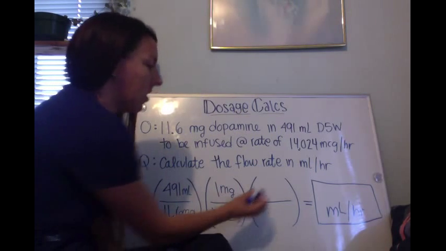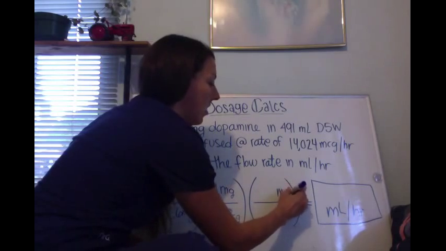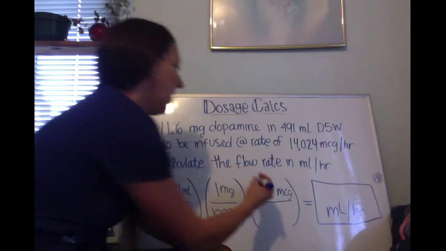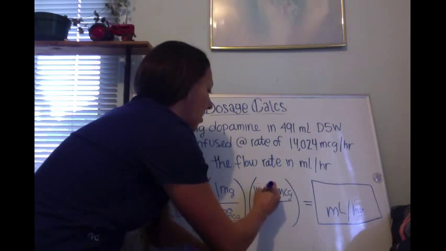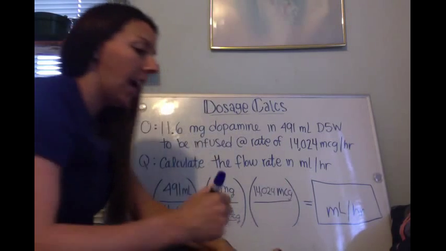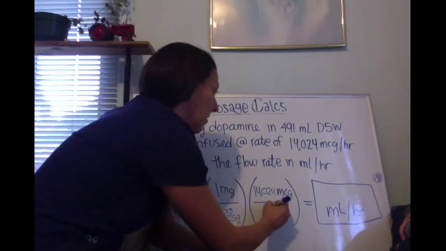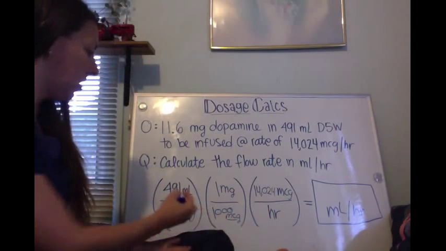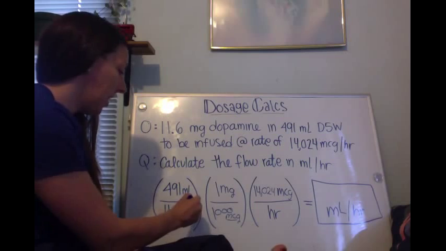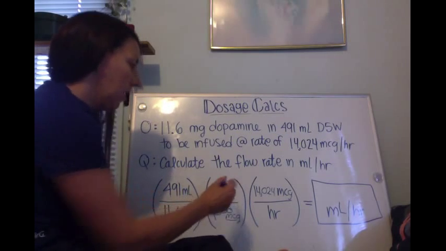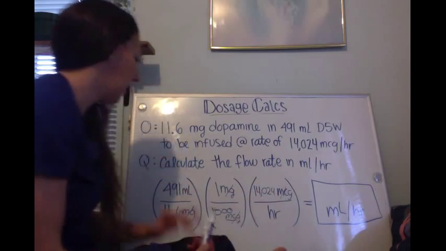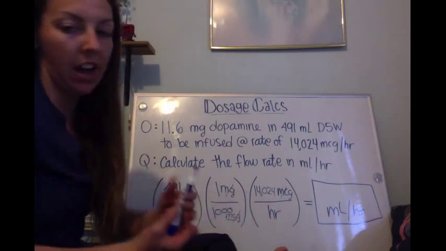So now we can move to the micrograms up here. And this is where we put in our microgram rate, what is ordered, and this is going to go per hour, micrograms per hour. So I cross off my units, making sure that I've done the math correctly, things are in the right places, micrograms to micrograms. I'm left with milliliters over hours.